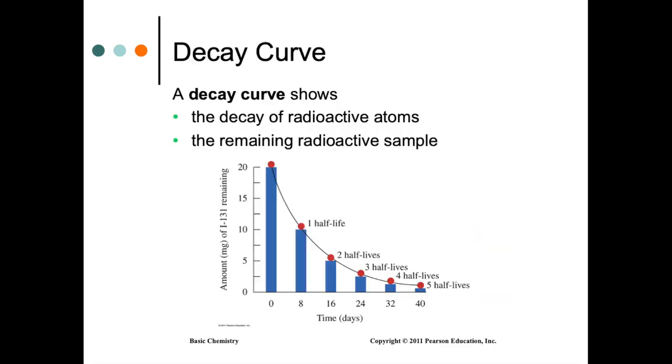Now, if we were to plot the sample size that remains after each half-life passes, you would wind up with what's called an exponential decay curve, right? Because with each set interval on your x-axis, you have your y-axis decreasing down to half of its previous value.